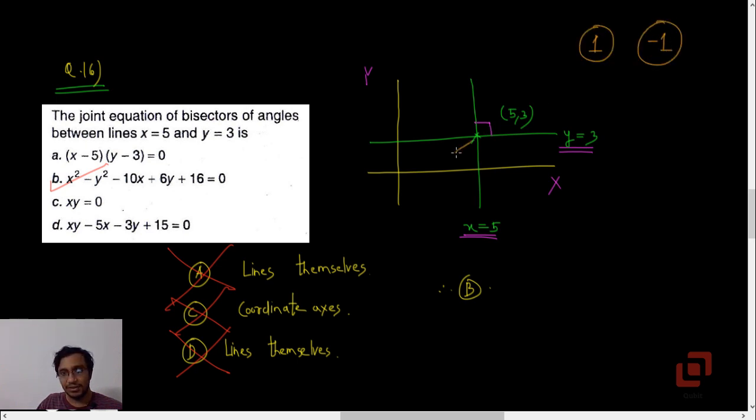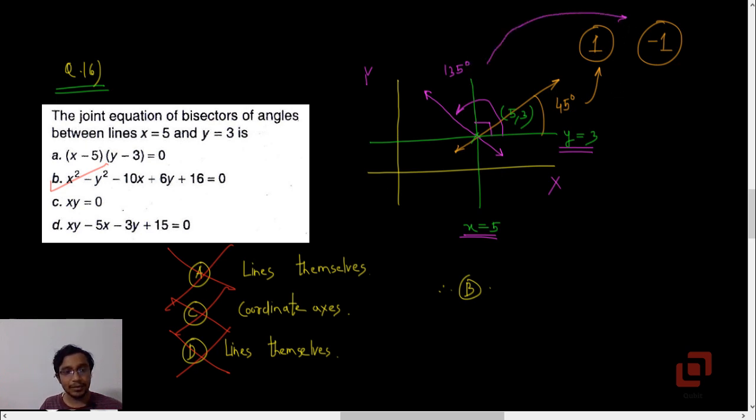This is going to be the first line making an angle of 45 degrees with the horizontal, so its slope will be +1. And let me show the other line in the pink color. The second line is going to be this one, which will also bisect the angle between the pair. So this angle will be 135 degrees. Tan 135 is -1.